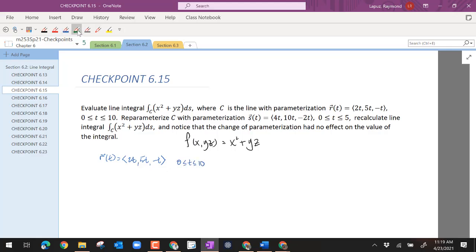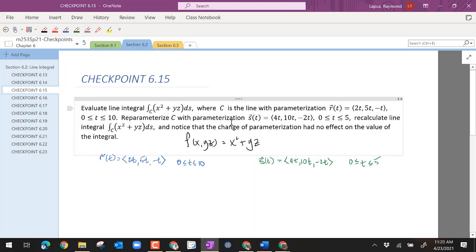And then we have another parameterization called s, equal to 4t, 10t, negative 2t, and this one goes from 0 to 5.